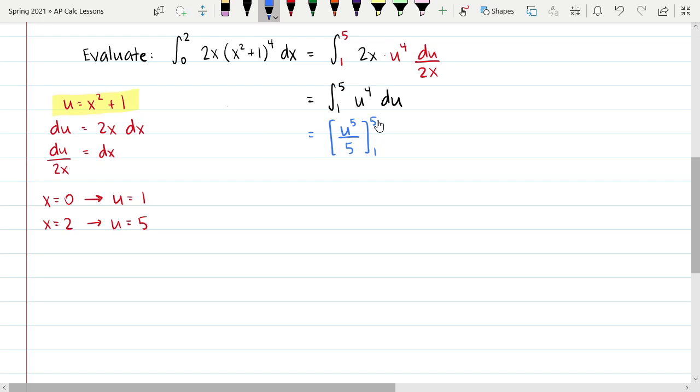But here's the nice thing also. Because 1 and 5 are already values of u, and this is also a u, we don't have to substitute back in for u. We're actually substituting the 5 and the 1 right in there. So this immediately just becomes 5 to the 5th over 5 minus 1 to the 5th over 5.